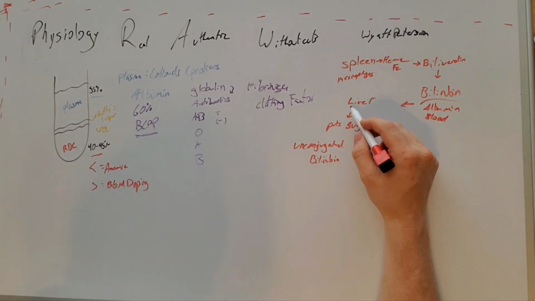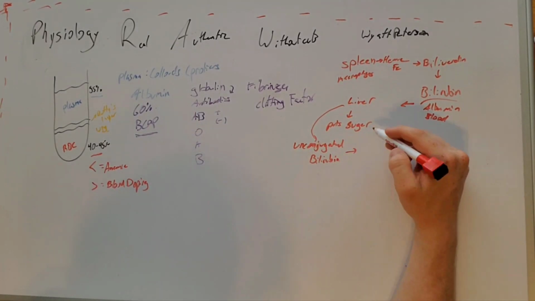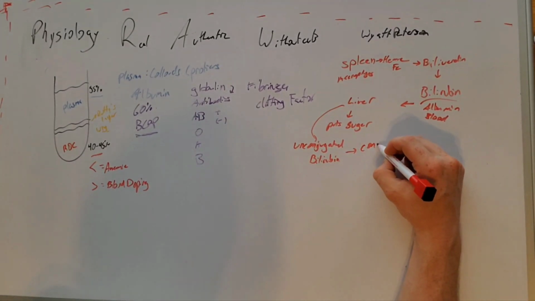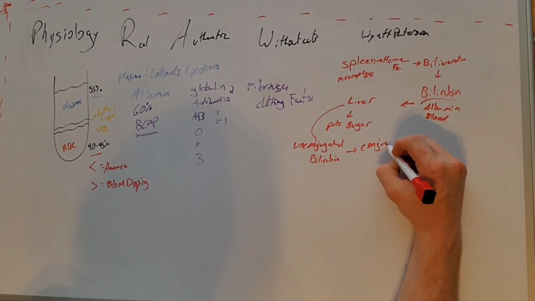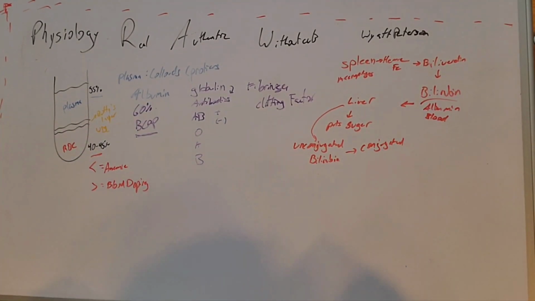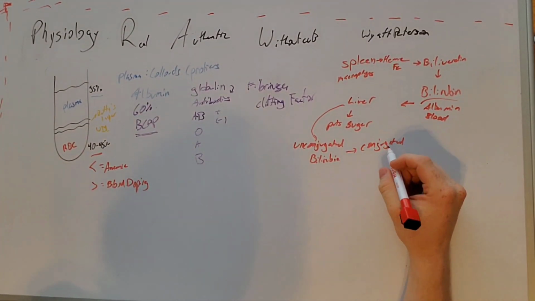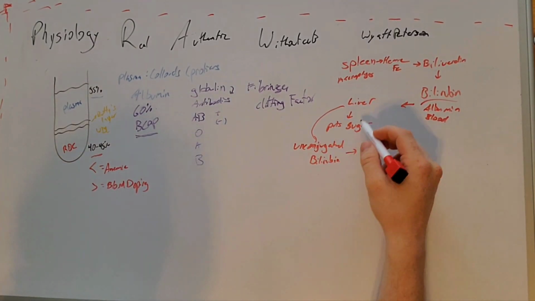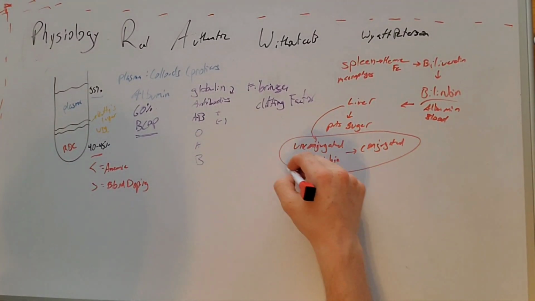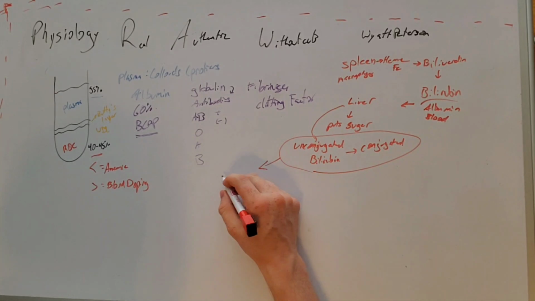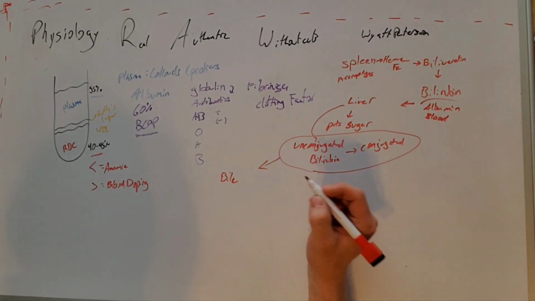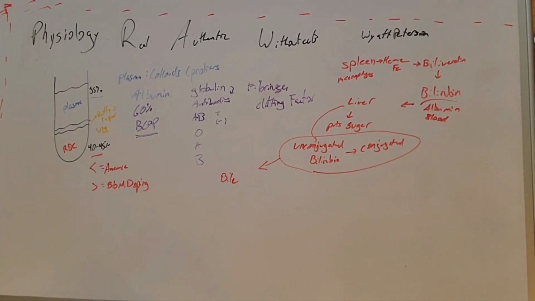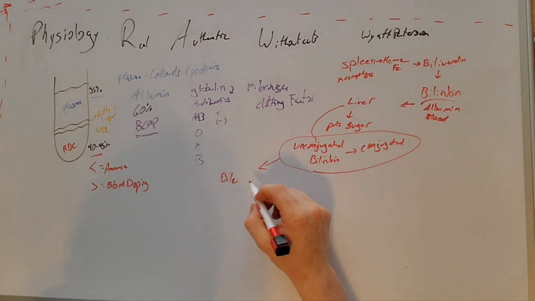And then after the liver, it is now conjugated. And so all this gets secreted out into the bile, right?